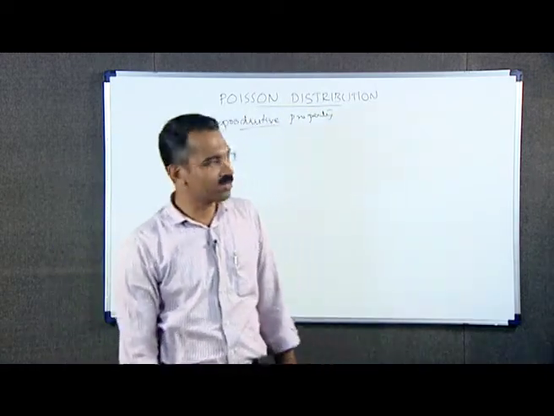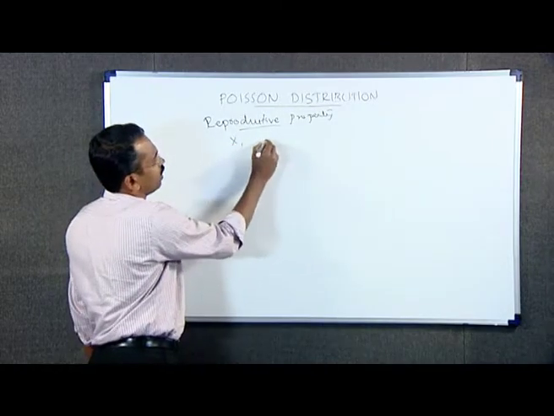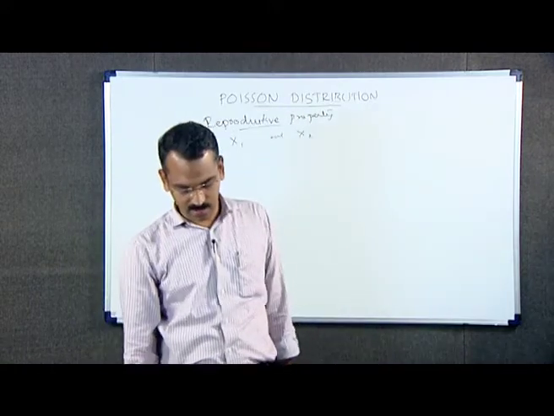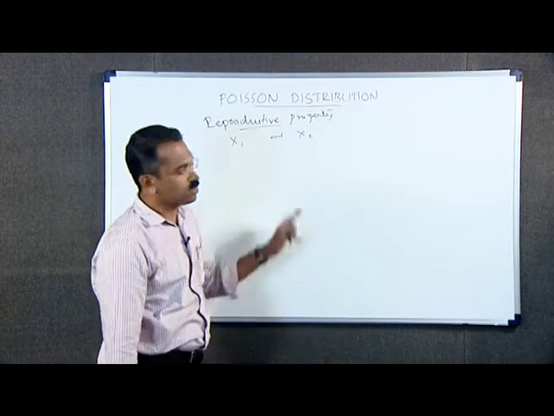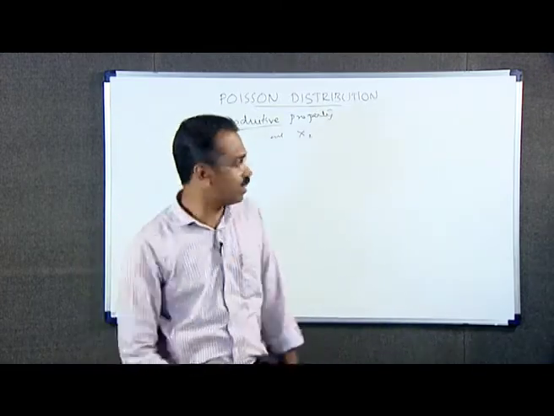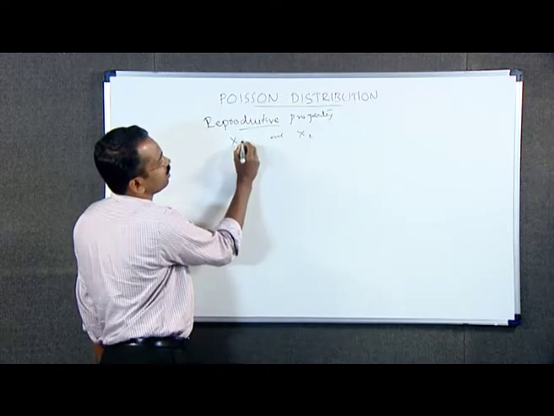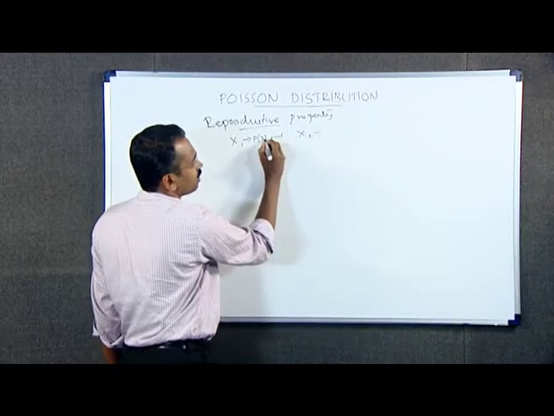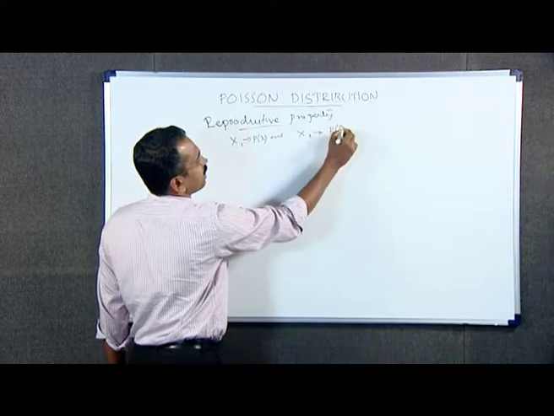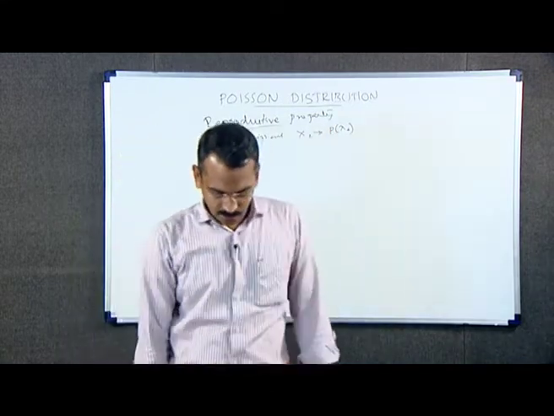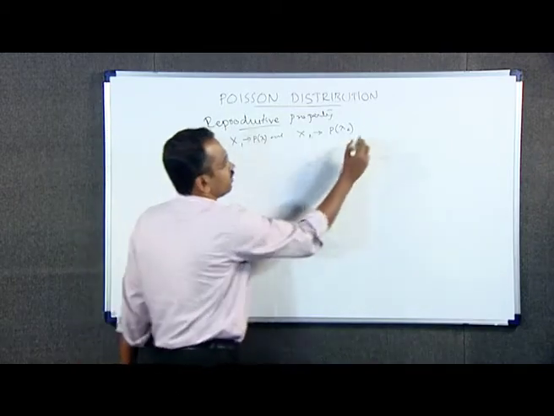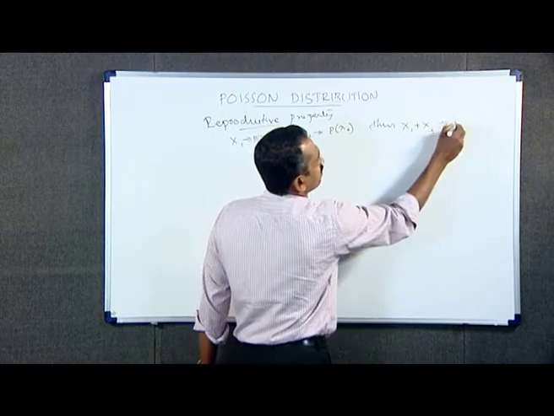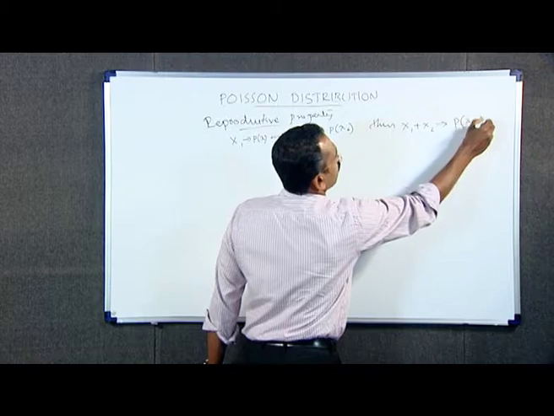That is, if x1 and x2 are two independent random variables following the Poisson distribution with the parameters lambda 1 and lambda 2, that is, x1 follows the Poisson distribution with parameter lambda 1, and x2 follows the Poisson distribution with parameter lambda 2, then the sum, that is x1 plus x2, follows the Poisson distribution with parameter lambda 1 plus lambda 2.